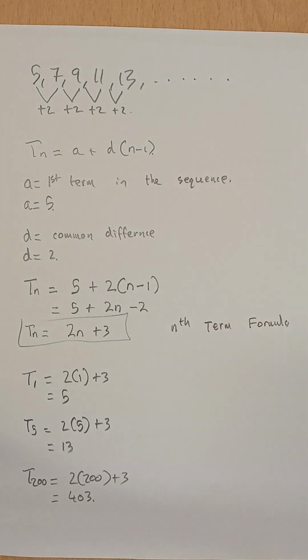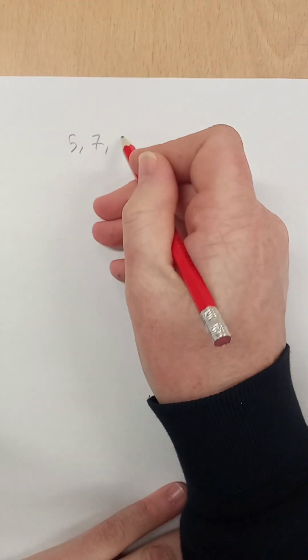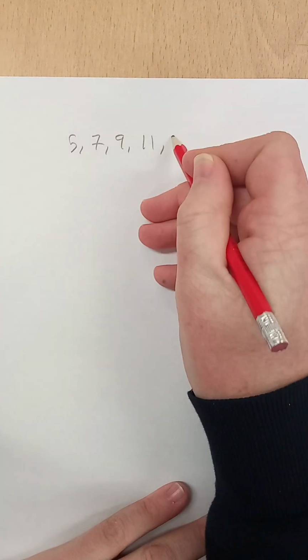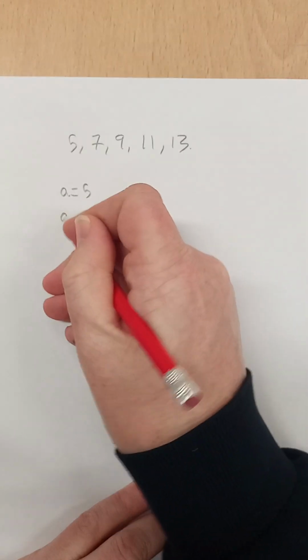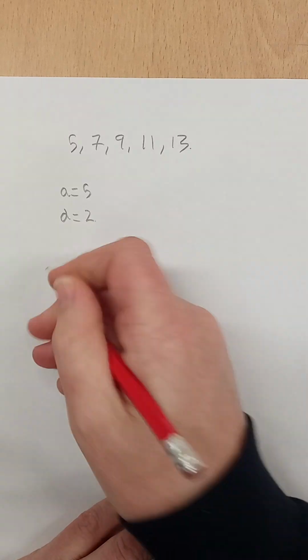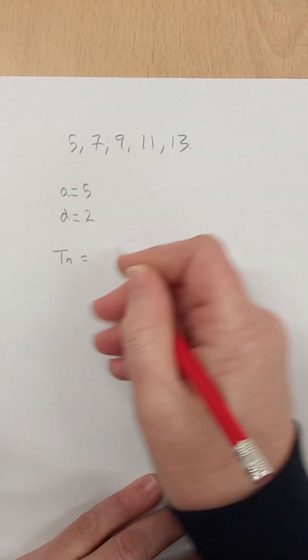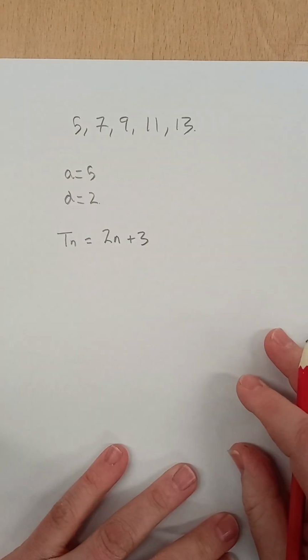So, let's imagine we have this pattern: 5, 7, 9, 11, and 13. And let's say we know our A is 5. We know our D is 2. And we know our nth formula is 2n plus 3. So that's what we've worked out so far.